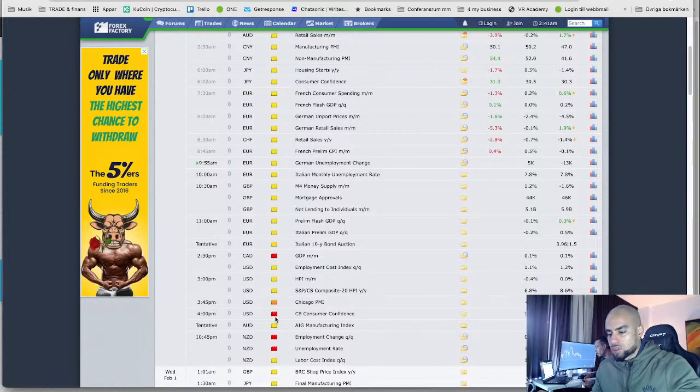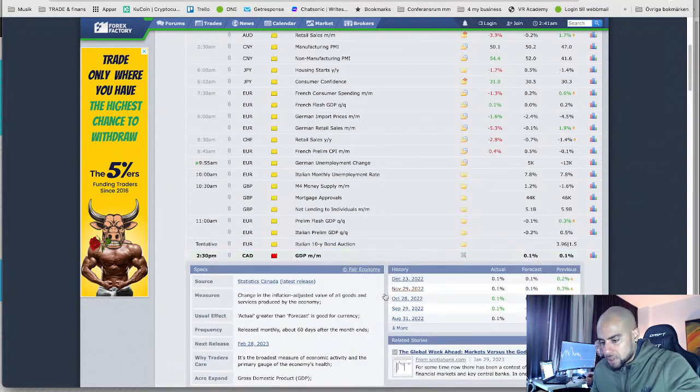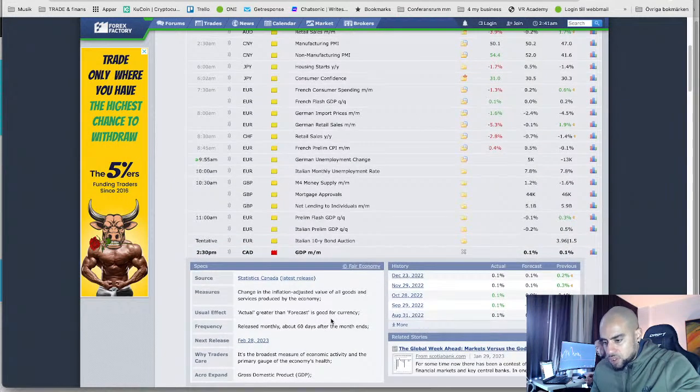We have red folders, one red folder for Canada, and we got a red one for US and an orange one for US, and that means this is high impacting news that impacts the market highly. Let's see this one. Changing the inflation adjusted value of all goods and services produced by the economy. Actual greater than forecast is good for currency.